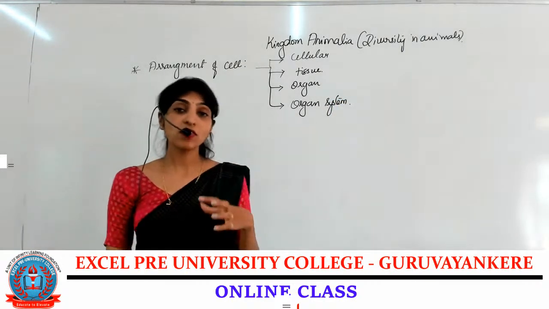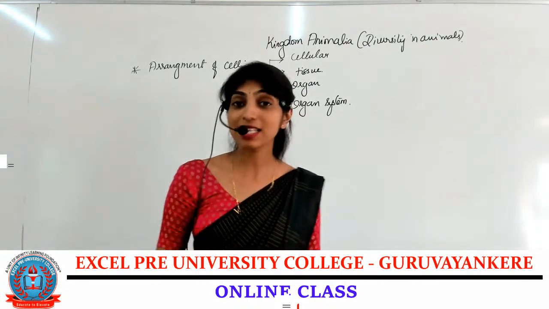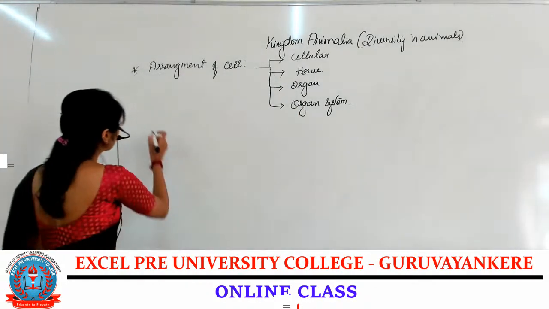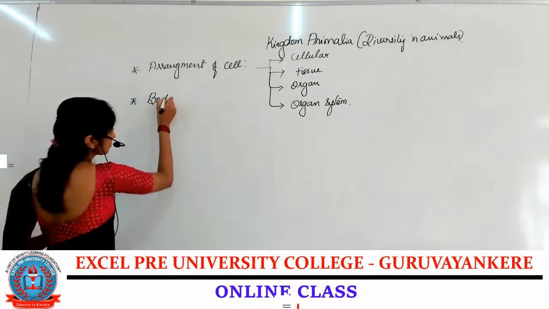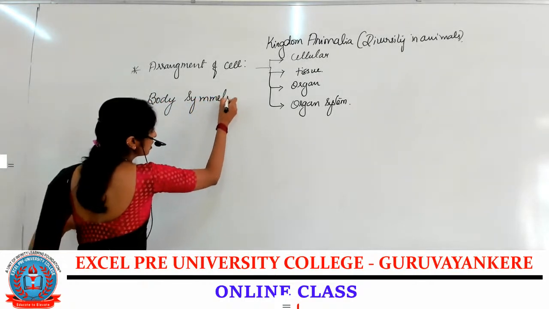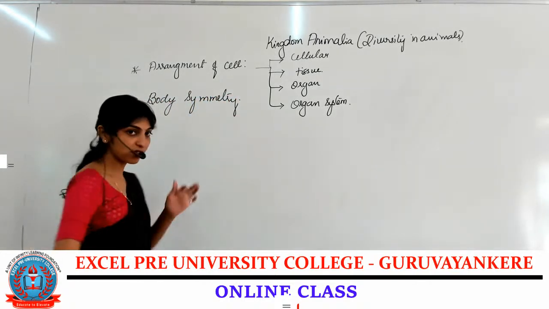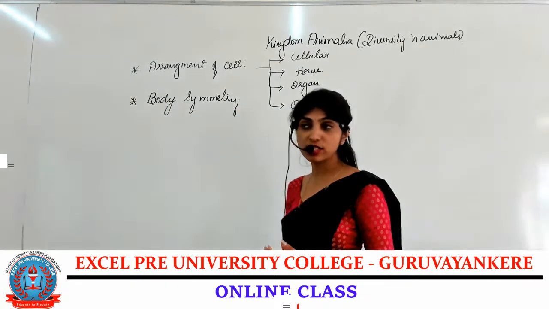Along with that, we have studied a few more characteristic features based on which animals are classified. I have told you, based on body symmetry. Now the question is, what is this body symmetry?